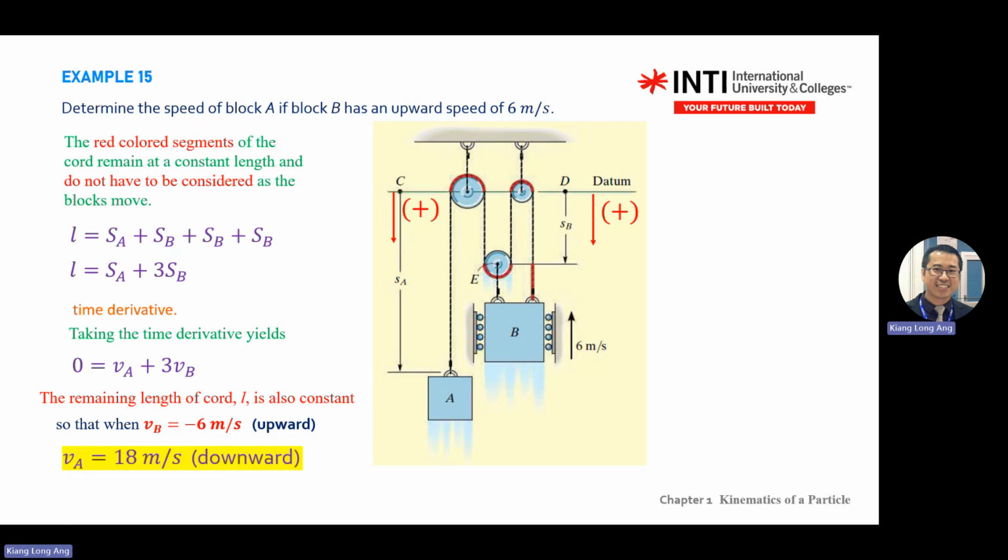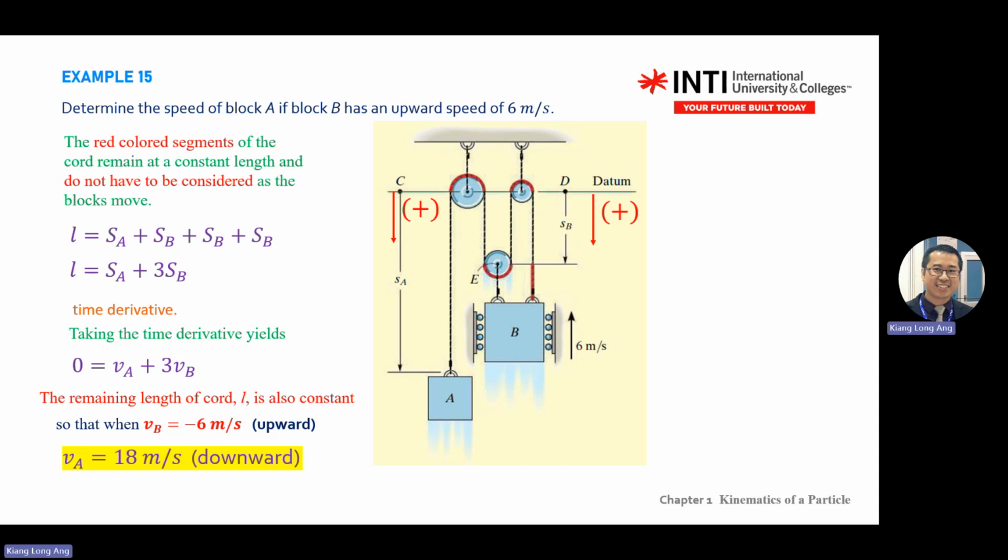Your VB is negative. Careless mistakes sometimes are here. If you read straight from the question and put positive, it means you do not check your datum. The datum is very important in this kind of question. You will see VB moves up, but your datum is going down.